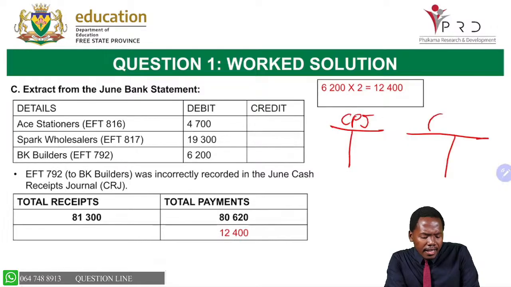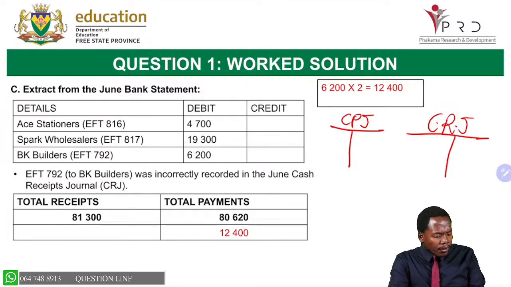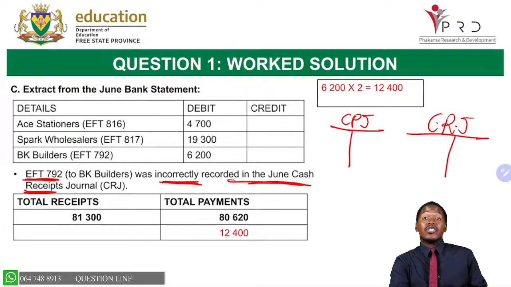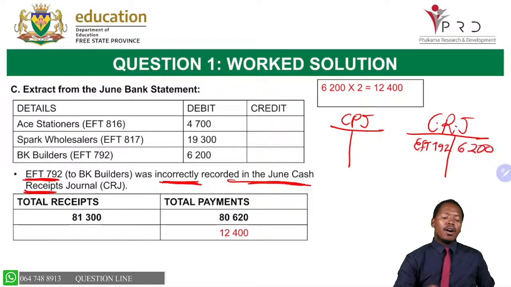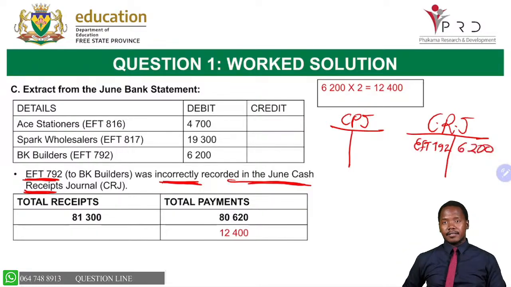This is my CRJ. Now, this amount, the EFT 792, was incorrectly recorded in the June cash receipt journal, meaning this EFT 792, we entered it here, 6,200.